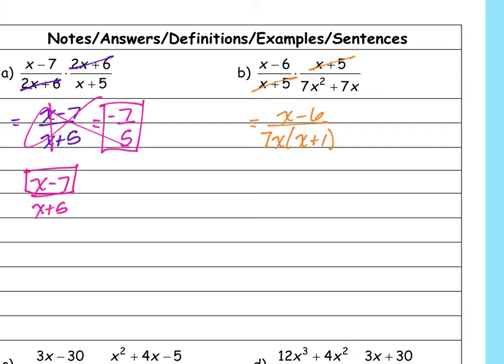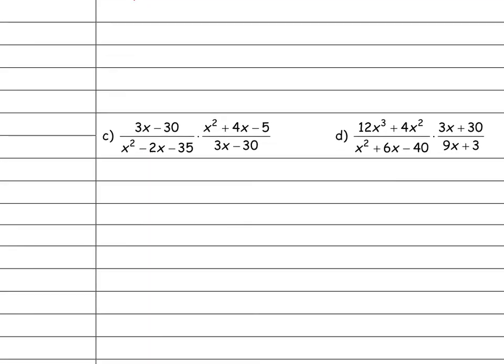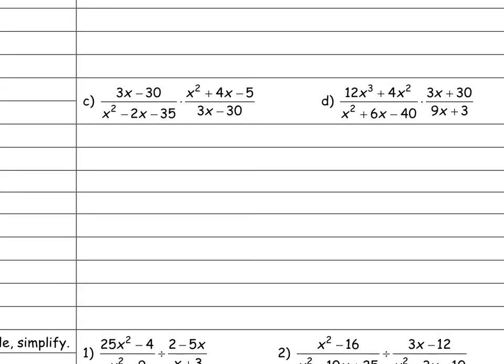All right, now the next two. I still have one that I can just get rid of. If I just look at it, that makes a 1, and then I have less factoring to do. Might as well make less work for me if I can, right? So what does the top factor to?